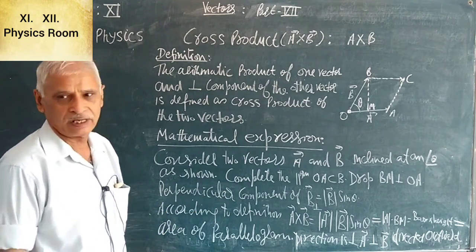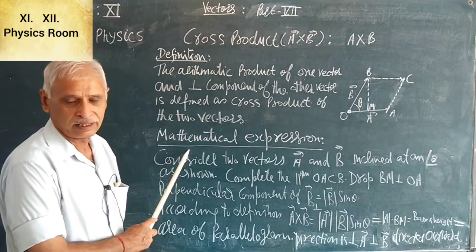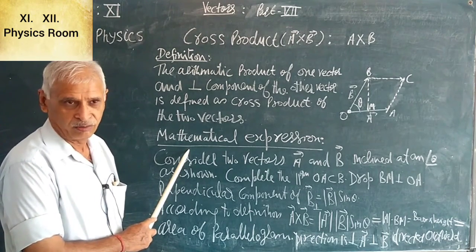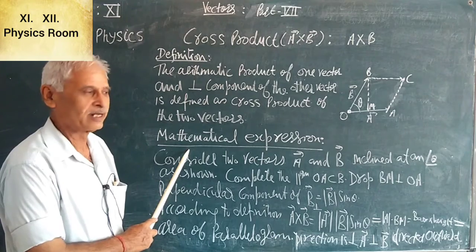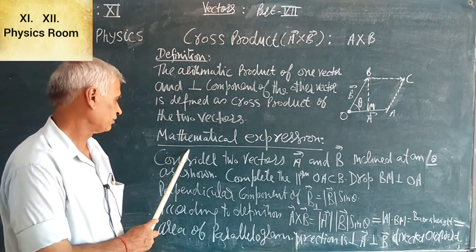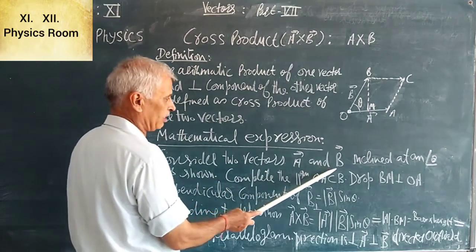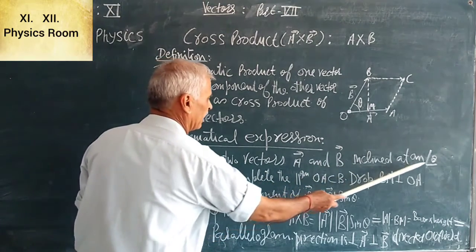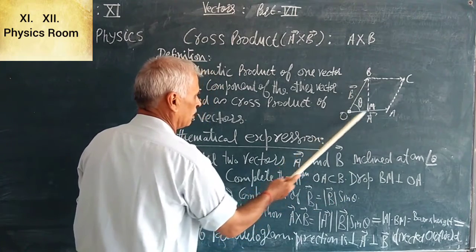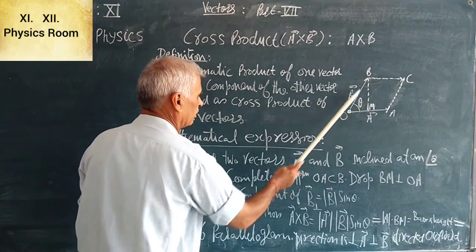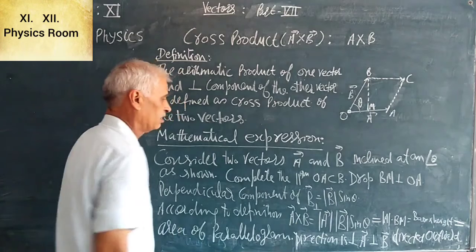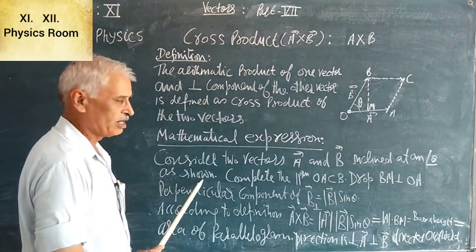Now the mathematical expression: how do we write the cross product mathematically? Consider two vectors A and B inclined at an angle theta, as shown in the diagram.